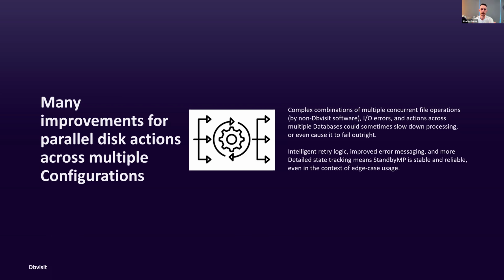Various I/O operations, basically, that are happening concurrently with SQL Server's own actions. In some complex edge cases, we saw that operations on the database, on the instance, could slow down or even just fail outright, and it would always be intermittent. It would depend on the planets aligning or misaligning, if you like.